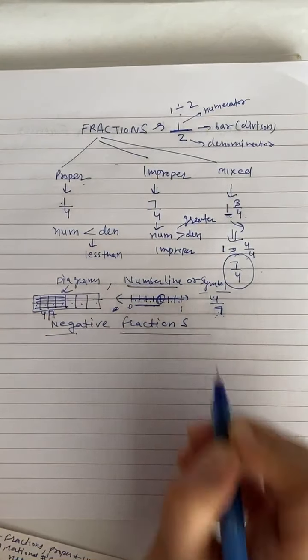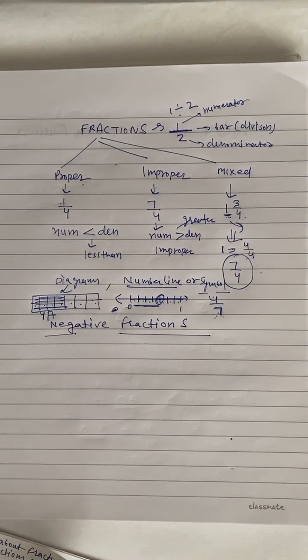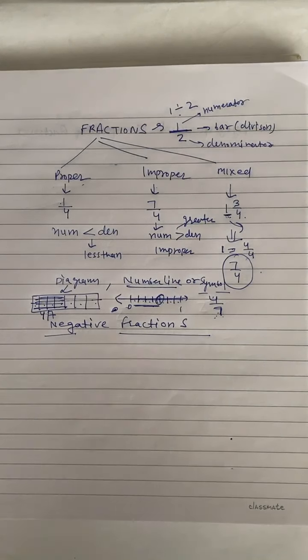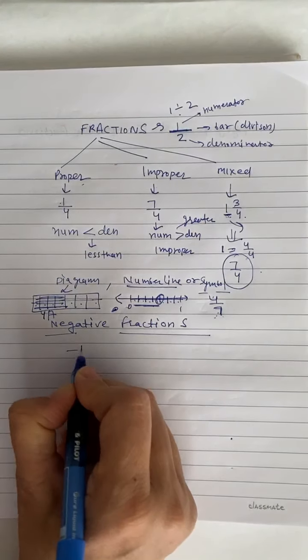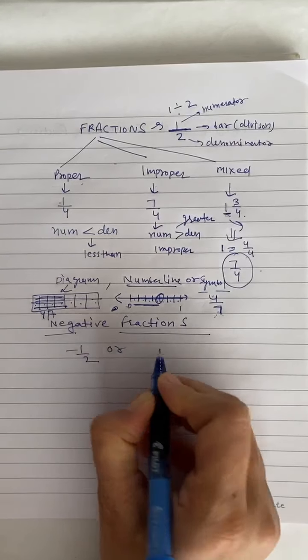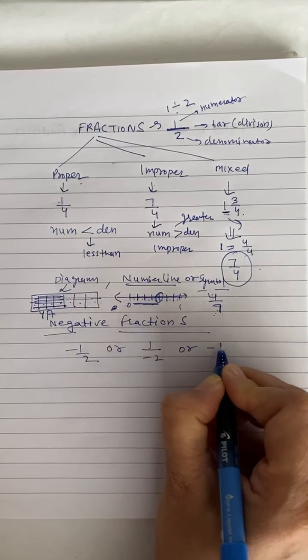Now the next one is negative fractions. An example of a negative fraction is negative 1 over 2, or 1 over negative 2, or negative 1 over 2.